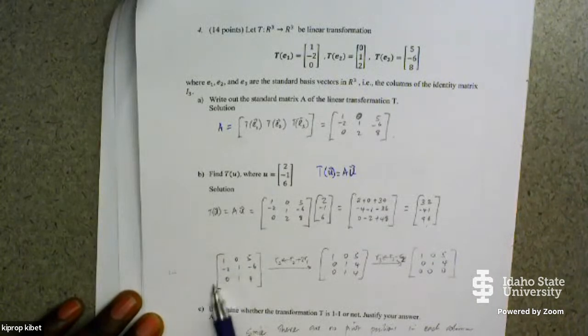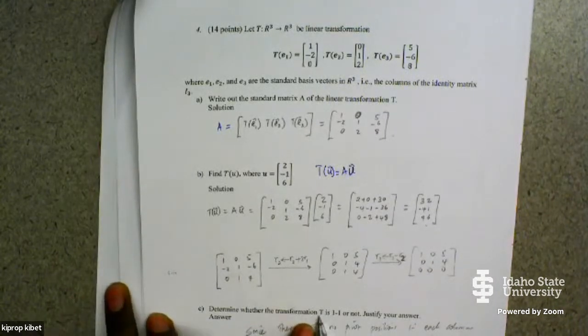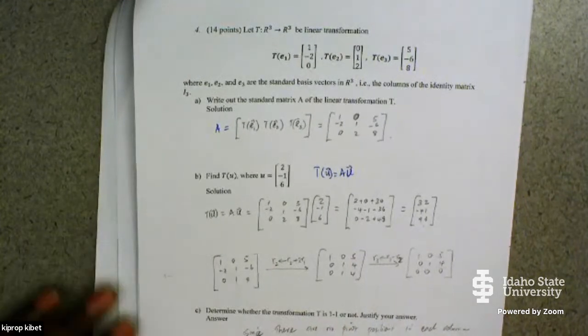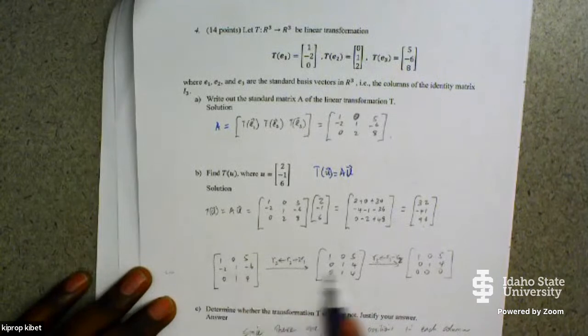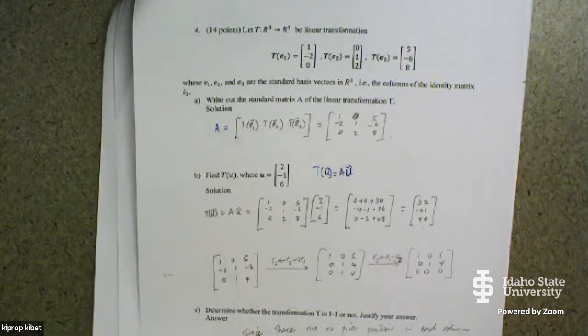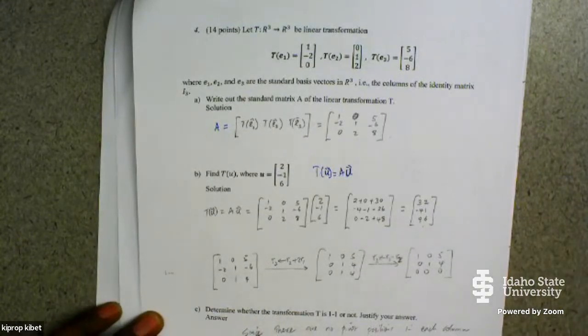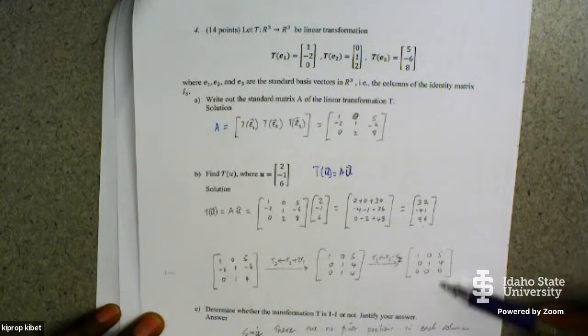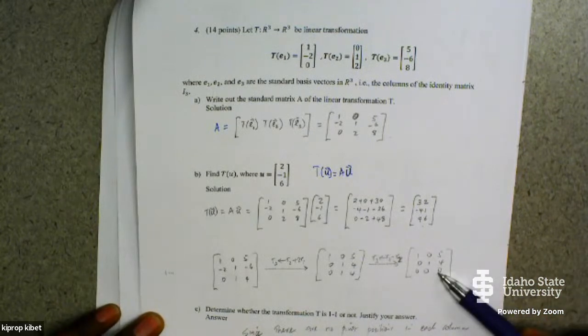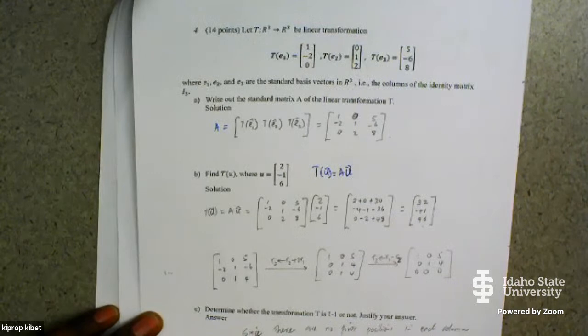And then determine whether the transformation T is 1-to-1 or not. Justify your answer. So you need to reduce this one. If it has a pivot position in each of the columns, then it is 1-to-1.